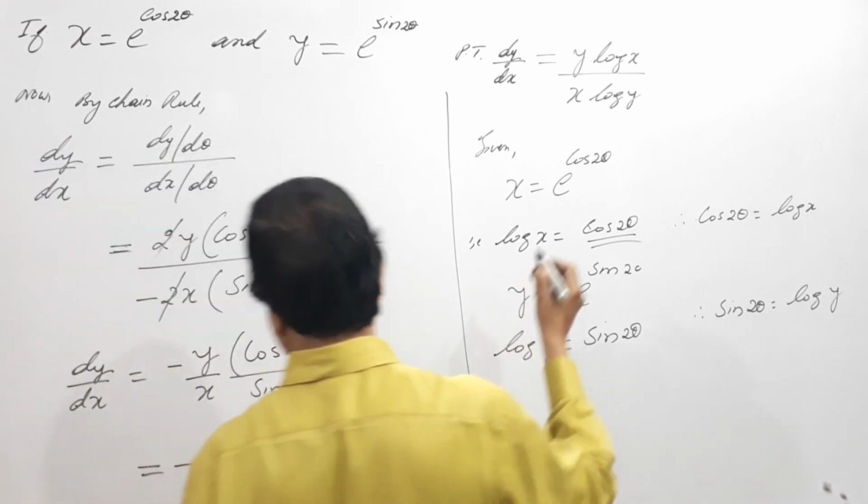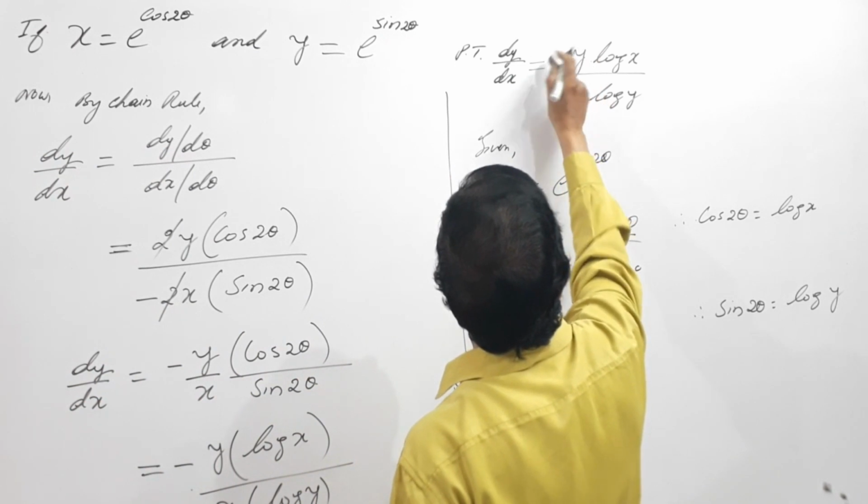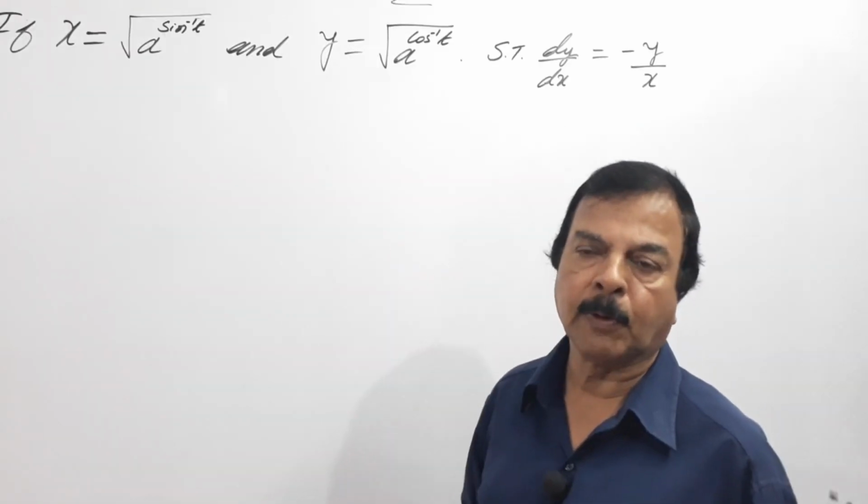So dy by dx equals minus y log x by x log y. Therefore dy by dx equals this answer. We'll go for the next problem.